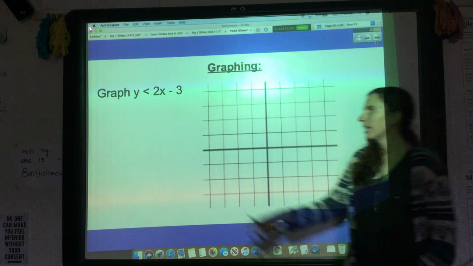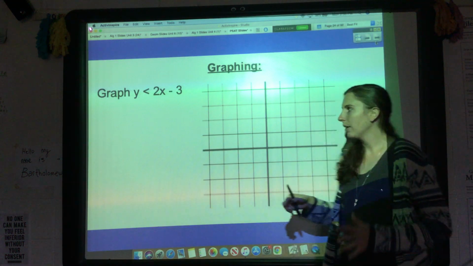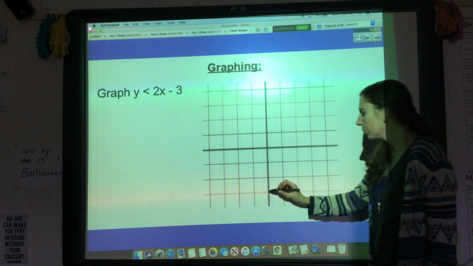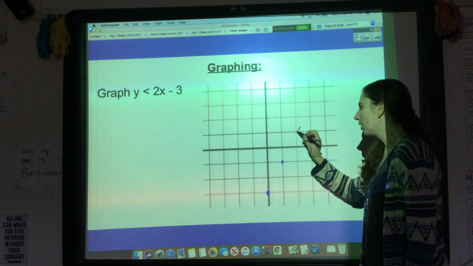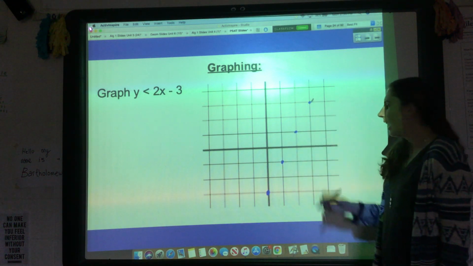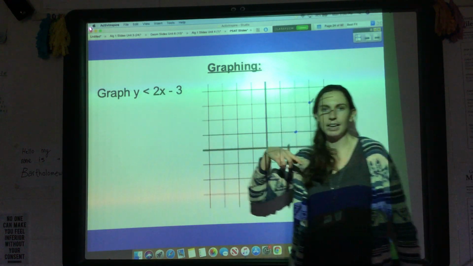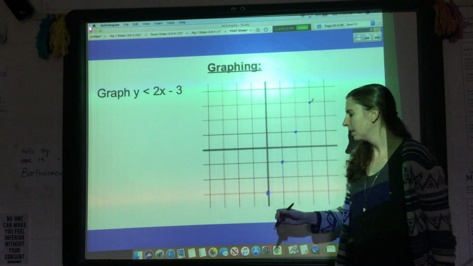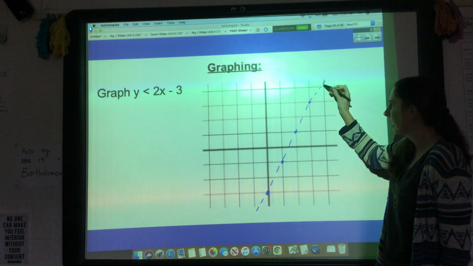If it's a less than or greater than instead of an equal sign, all you have to do is graph the line as usual. So start at negative 3, go up 2 over 1. However, this doesn't equal the line, it's only less than the line. So rather than doing a solid line, I'm going to do a dashed line.